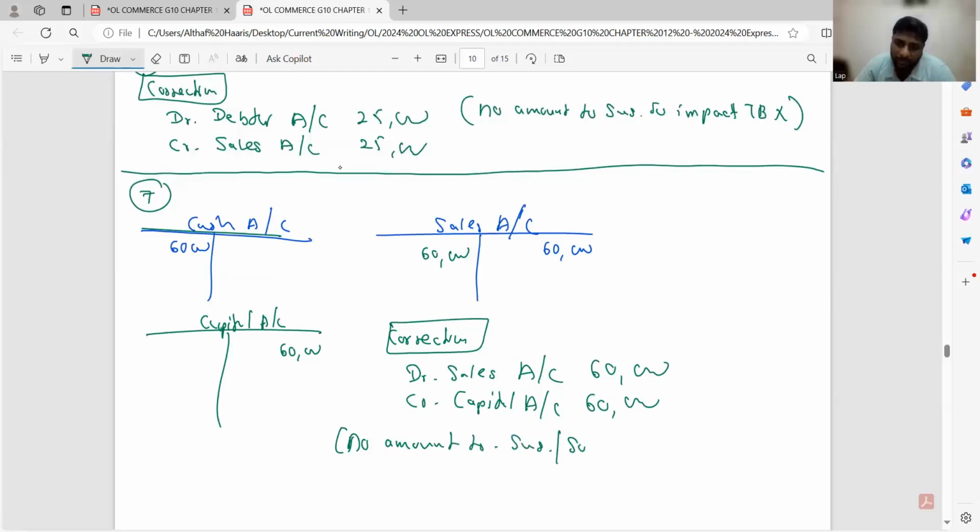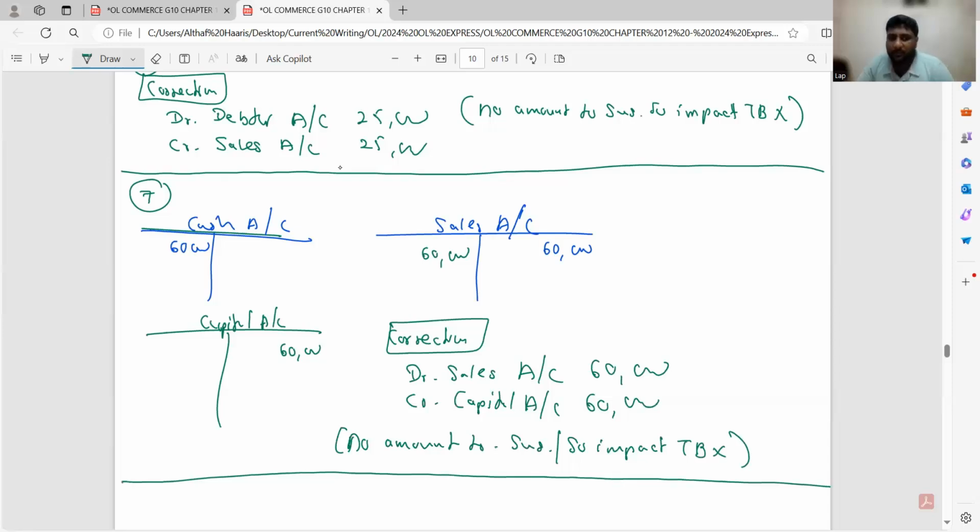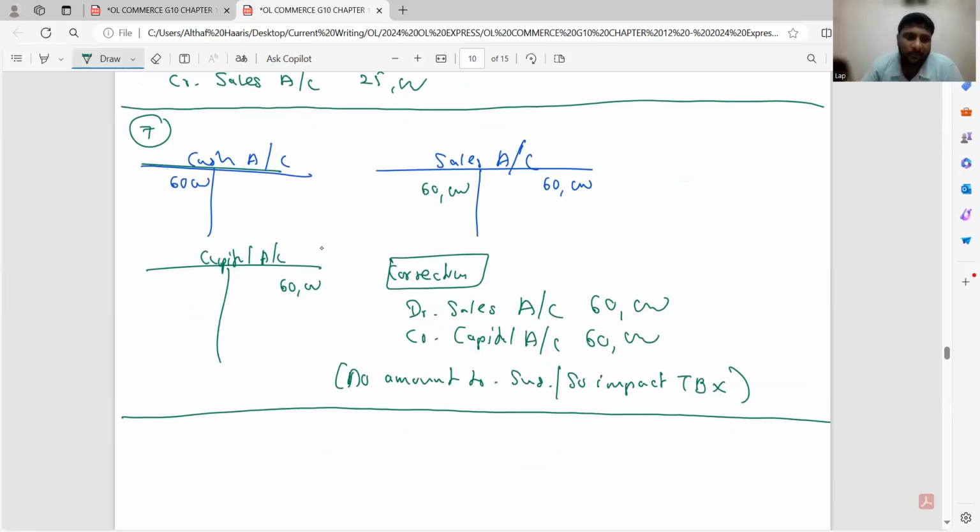So impact on the agreement of the trial balance is also not there. The last one.